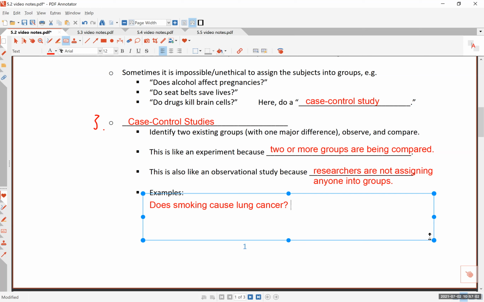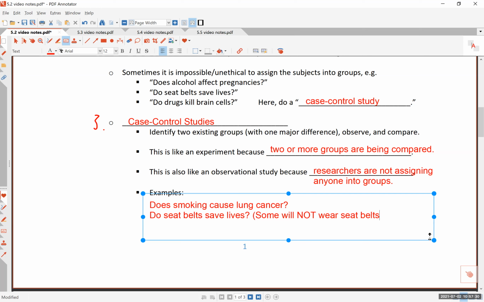So, does smoking cause lung cancer? Smokers versus non-smokers. These people identify themselves as smokers and non-smokers just by their habit, and so you can compare the two groups and study them. Do seat belts save lives? Some people will not wear seat belts.